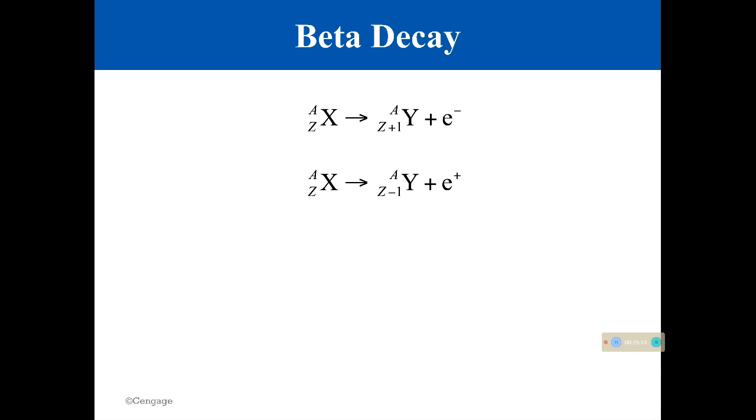You go, oh, electrons, we've done this already, except no, we haven't. These are not electrons that are being emitted from the electron cloud. Where are these electrons coming from? Why is that a bit strange? They shouldn't be there. There's no electrons in the nucleus. Well, sort of, and we'll get to that here in just a minute. Actually, I think we're going to get to it right now.